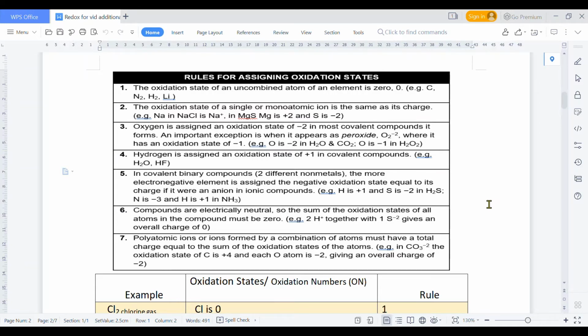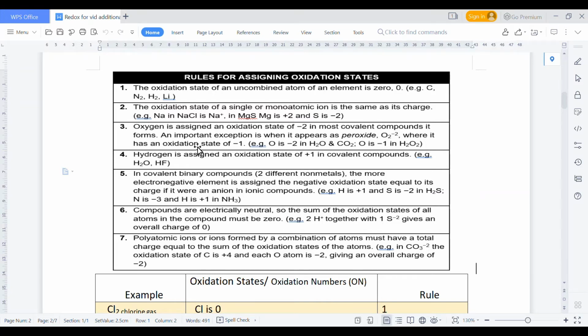2. The oxidation state of a single or monoatomic ion is the same as its charge. Where can we find the charge of an ion? We can find it in the periodic table. Remember, you were asked to familiarize yourself with the cations and anions during writing of chemical formulas in General Chemistry 1.